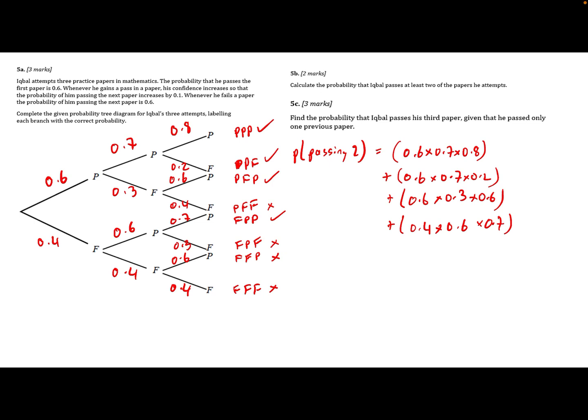So all we need to do is throw that into the calculator. 0.6 times 0.7 times 0.8 plus 0.6 times 0.7 times 0.2 plus 0.6 times 0.3 times 0.6 plus 0.4 times 0.6 times 0.7, and that is equal to 0.696 exactly.